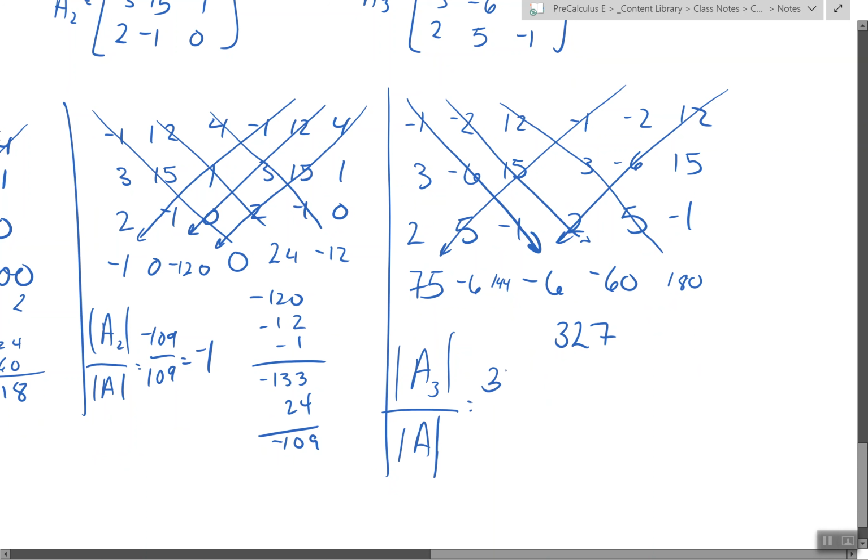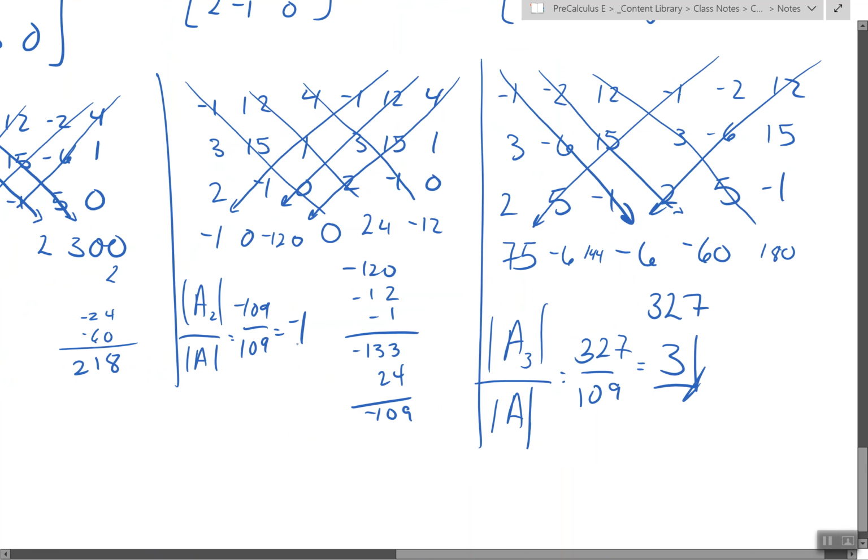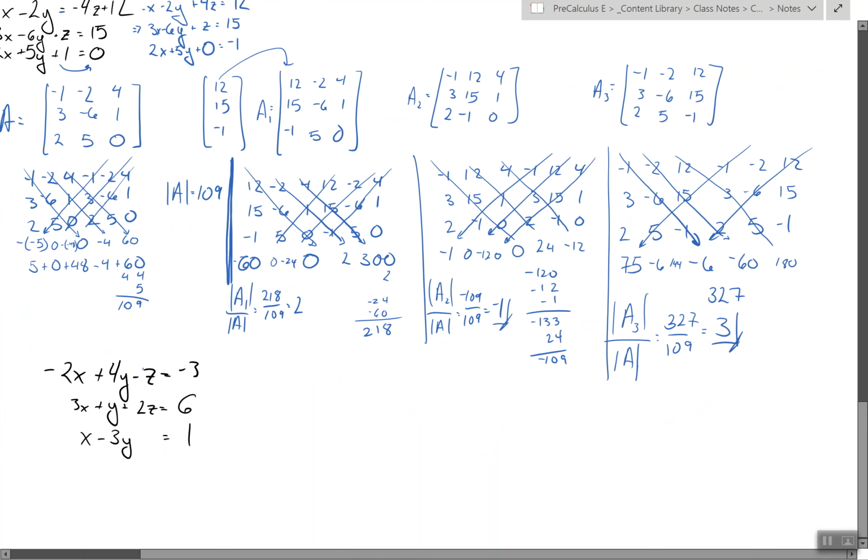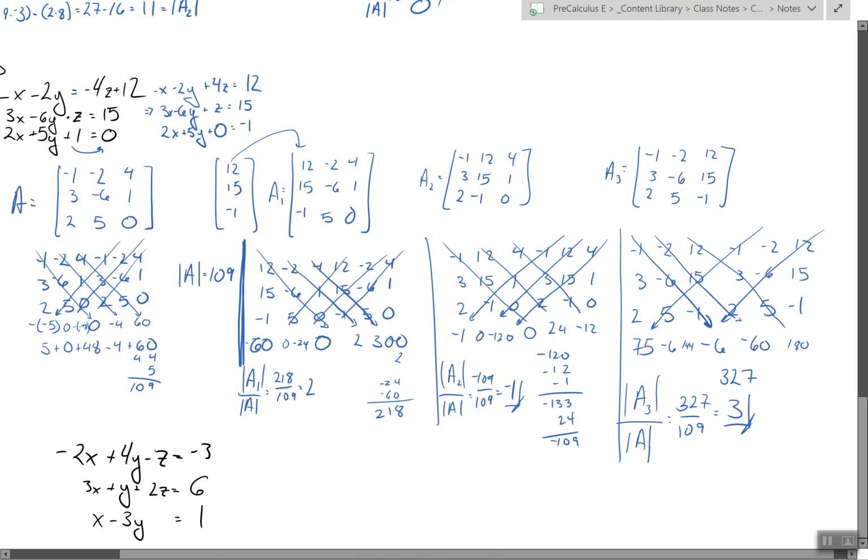So we have 327 divided by 109, which is, again, a nice whole number, so 3. So we have found our 3 solutions. So I'm going to copy all this back up here, which means that our x answer, which is the first answer we found, was 2. The y answer that we just found was negative 1. And the z answer, the final, was 3.